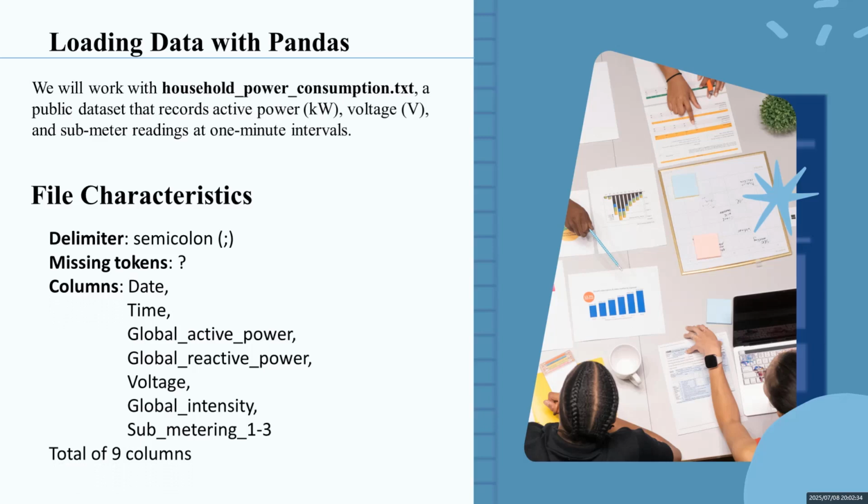And if you go through that data set, you'll see 9 columns, which are date, time, global active power, global reactive power, voltage, global intensity, and submeter 1, submeter 2, and submeter 3. So that's a total of 9 columns.